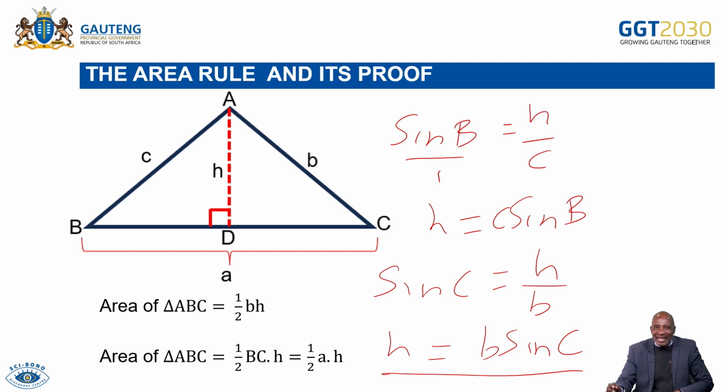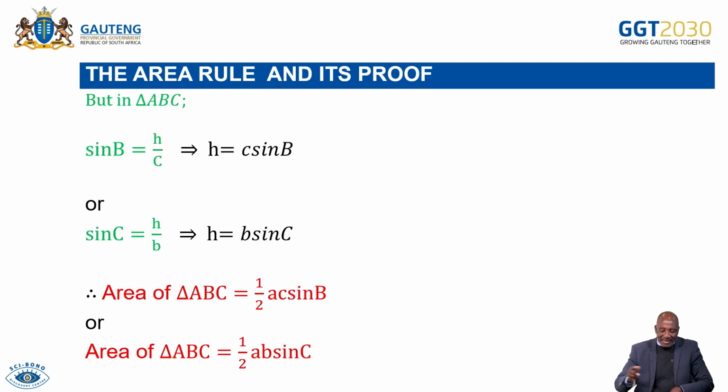I know the base is A, the height is H, but that H can be written in two different ways. So our area is going to be half A times H, where H is C sine B or H is B sine C. Replacing H will lead to the area of triangle ABC being written as half of A times C times sine of B.